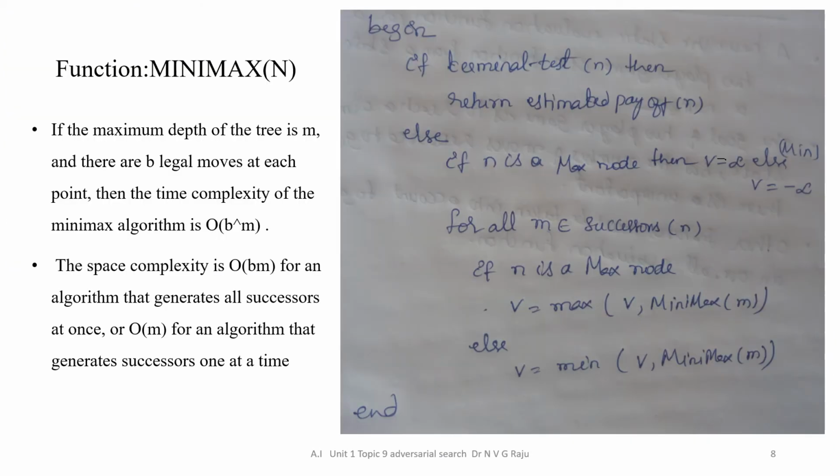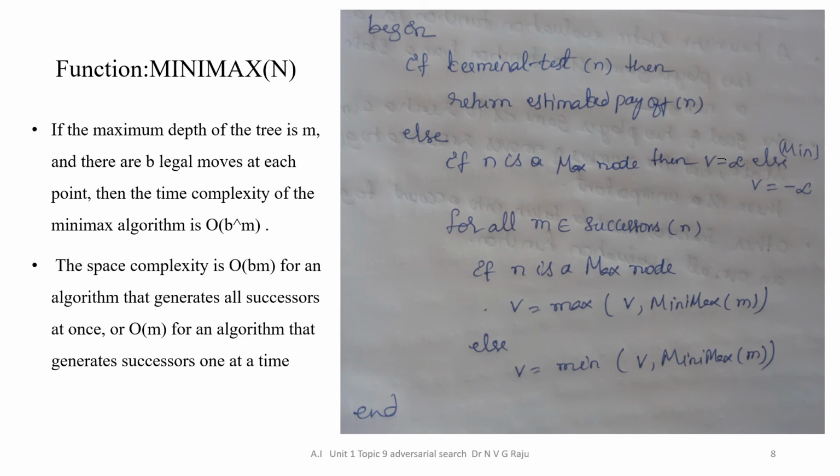Let us discuss the function for minimax at node n. If we reach a leaf node or terminal node, then return the estimated payoff at that node n, or the utility value at that node. Else, if the node n is a max node, then its value is initialized to negative infinity.